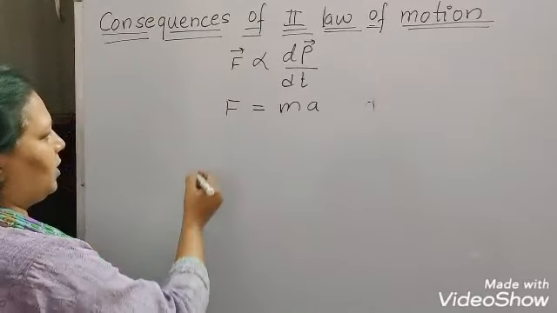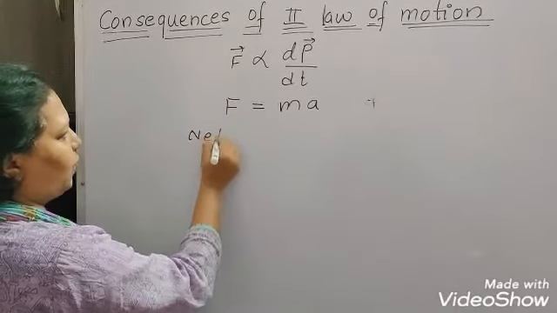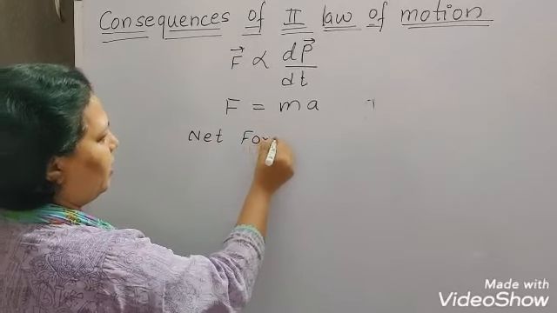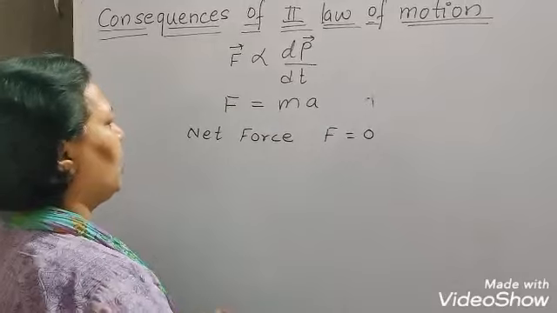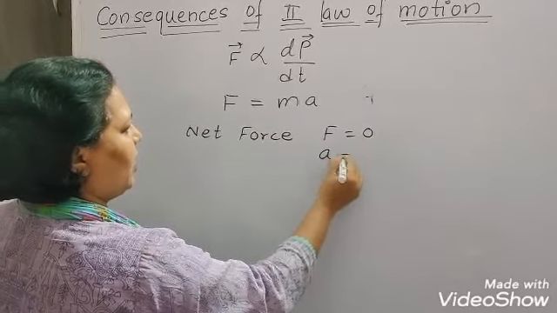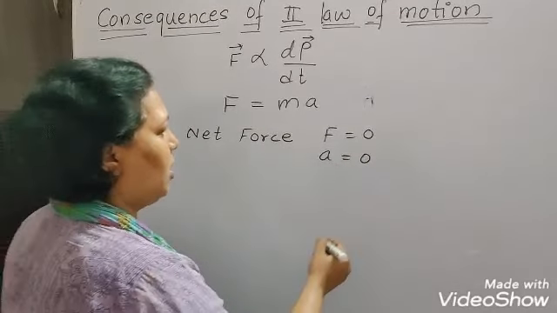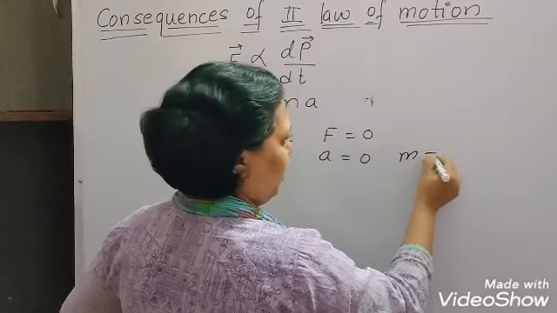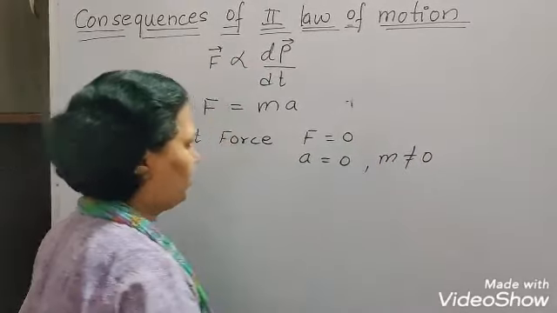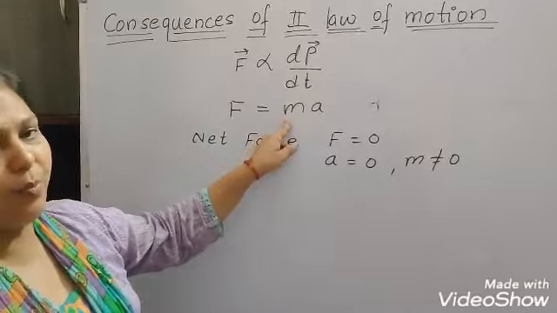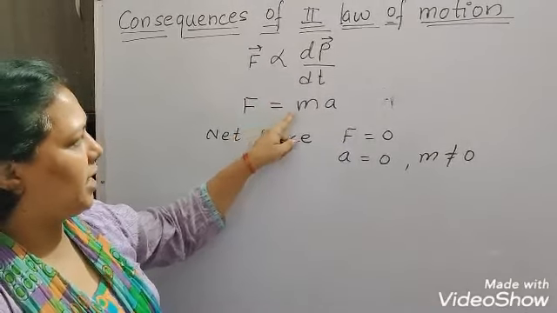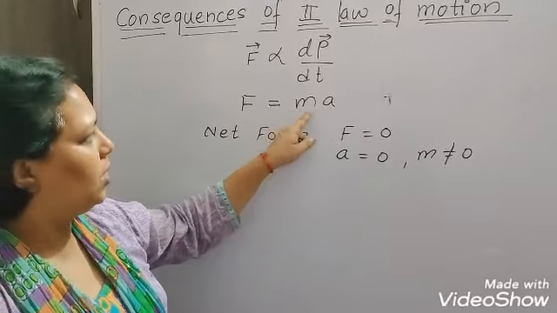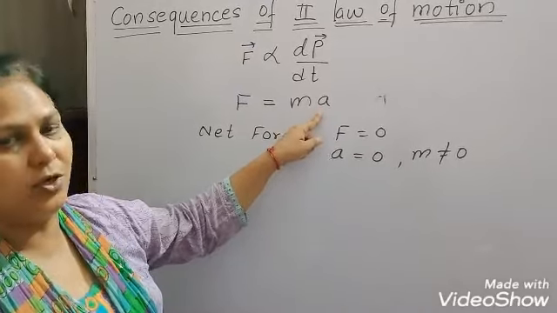If the net force F is 0, in such a situation A is also 0, because M cannot be 0. The product of two numbers M and A is 0, so obviously M is not 0, so A must be 0.